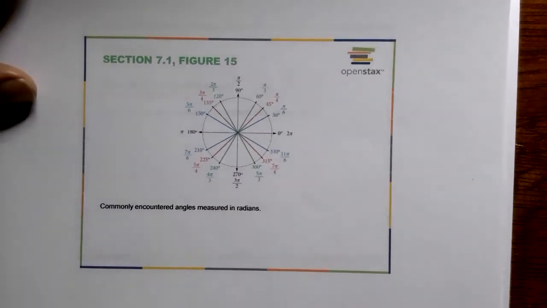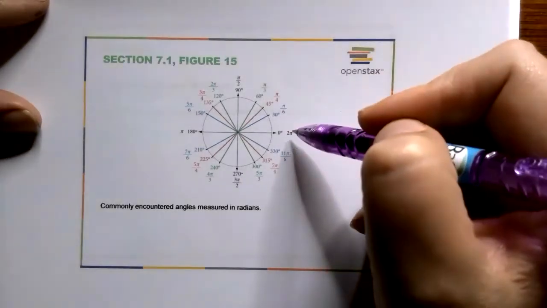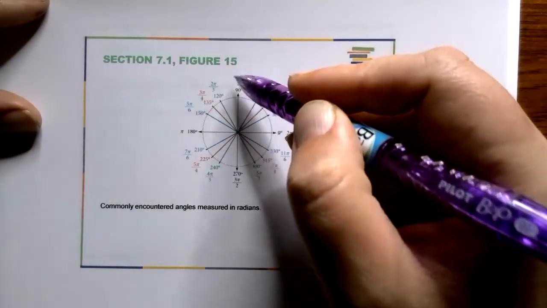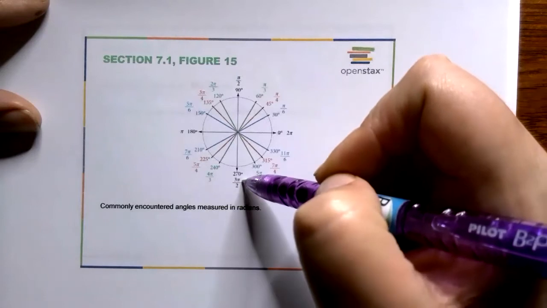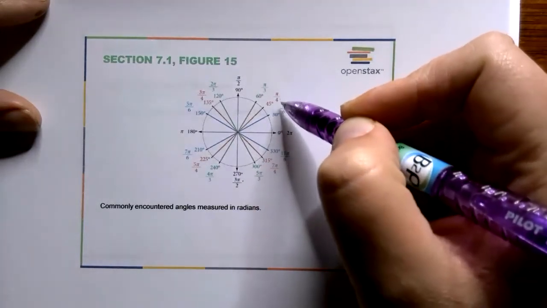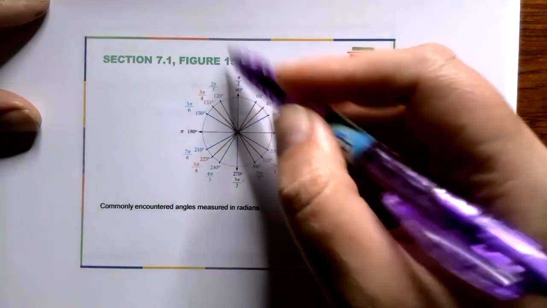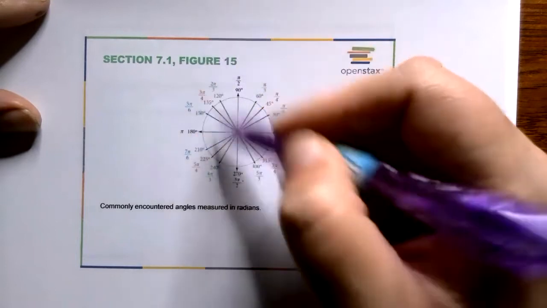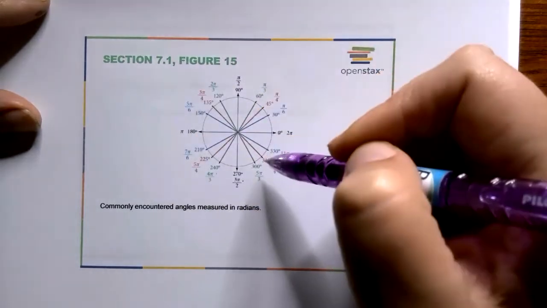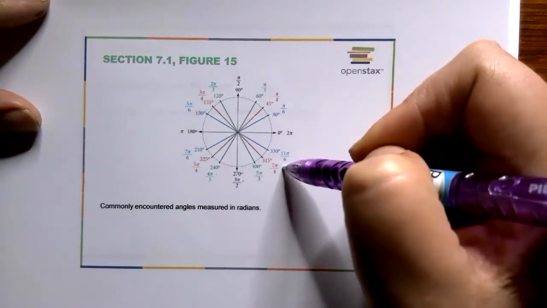The associated radian measures are 0, pi over 2, pi, 3 pi over 2. For the eighths of a circle, we have pi over 4, 3 pi over 4, 5 pi over 4, and 7 pi over 4.